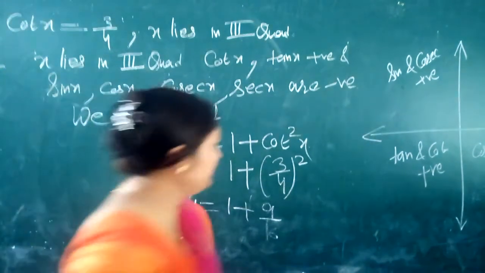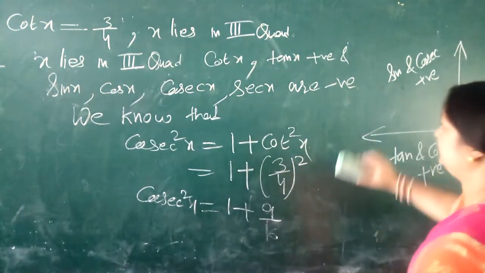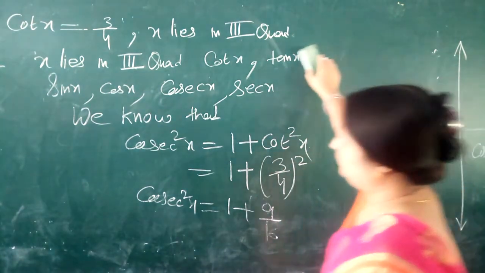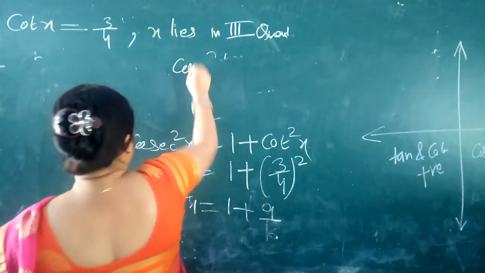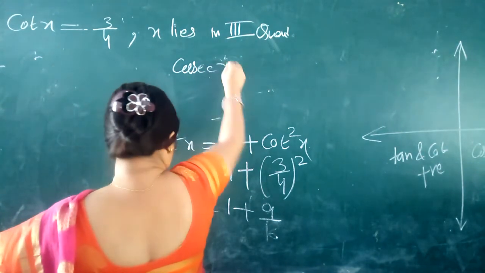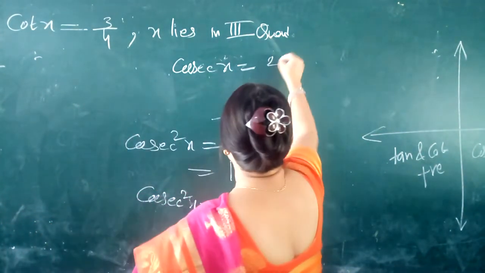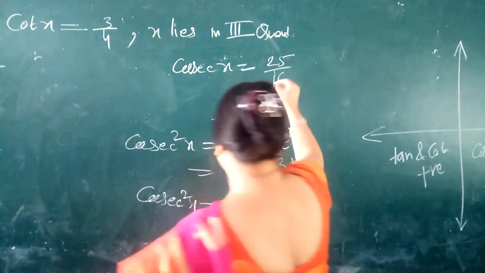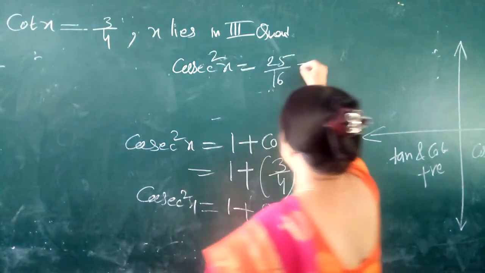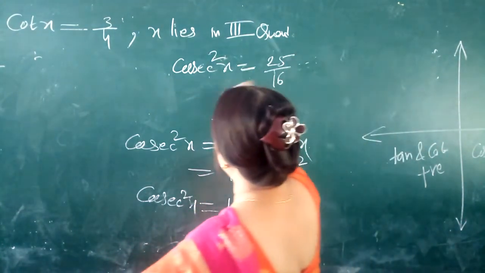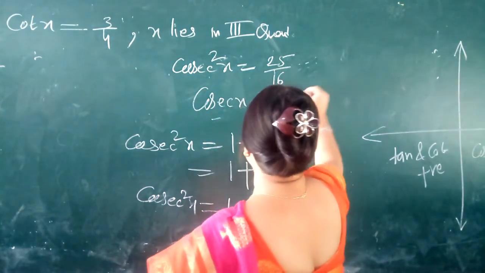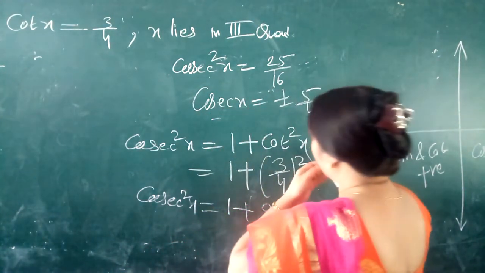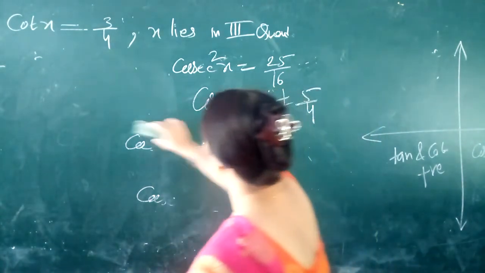Now after that we can find out the value of this. So cosec square x is equal to 25 upon 16, and cosec x is equal to plus minus 5 upon 4. Now for cosec x, you can see the quadrant is third.